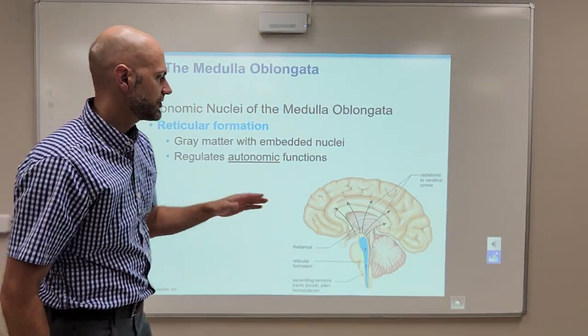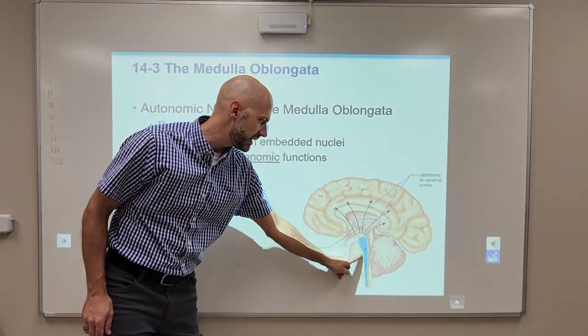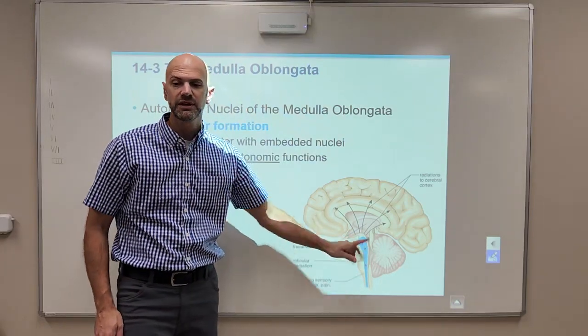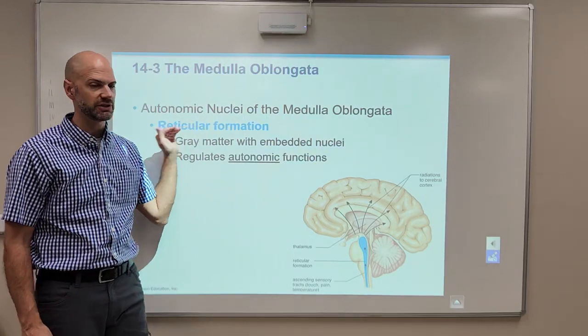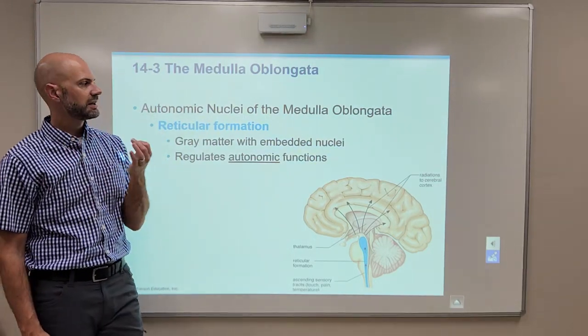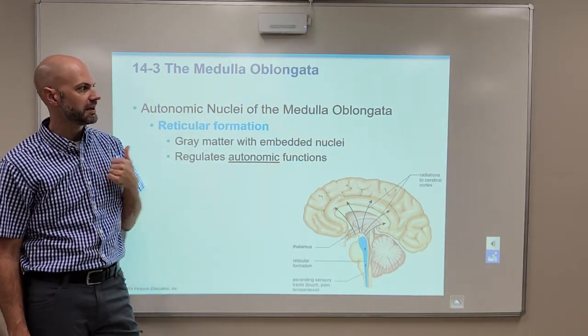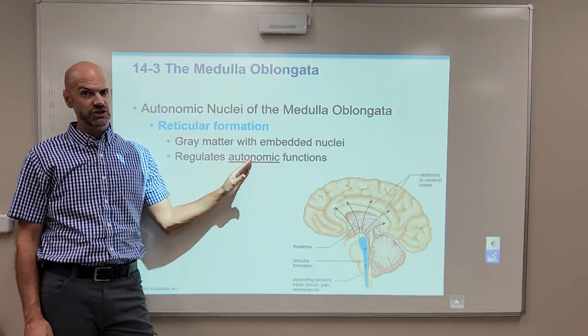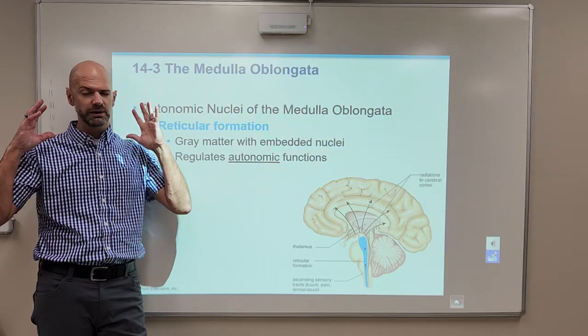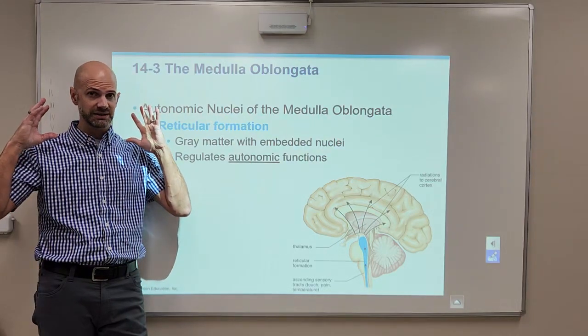An important structure that runs from the medulla into the pons and into the midbrain is called the reticular formation. That's shown in blue. It's really important. It's a gray matter area with embedded nuclei, regulates autonomic function, and it's important for maintaining consciousness.